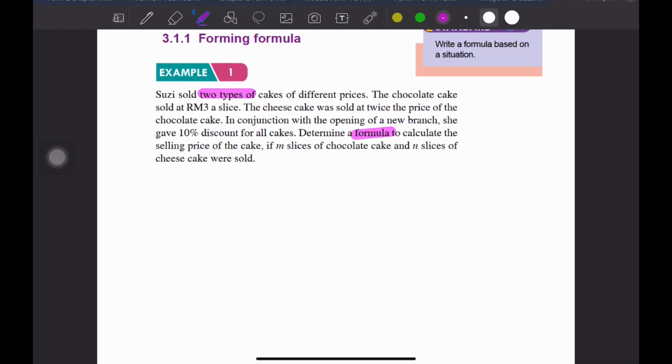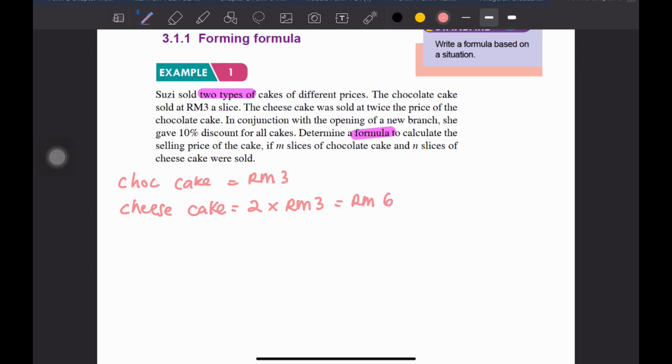So how to solve this problem? From the question we know that the chocolate cake is RM3. Then the cheesecake is twice the price of chocolate cake, so it means that cheesecake is RM6.